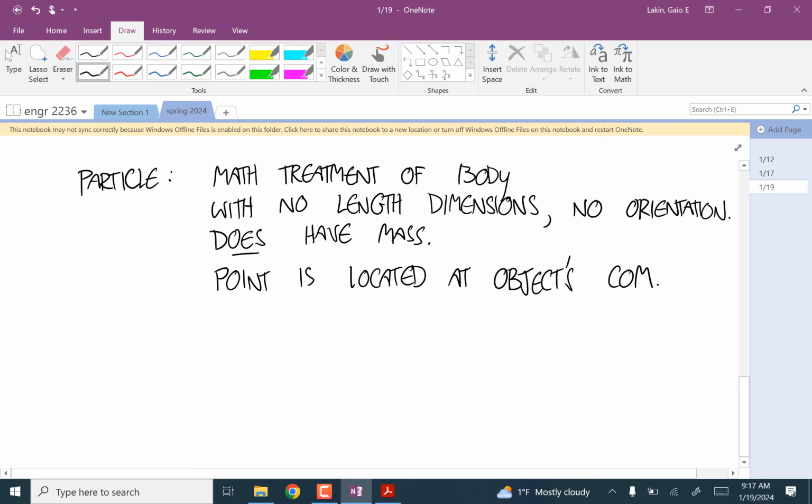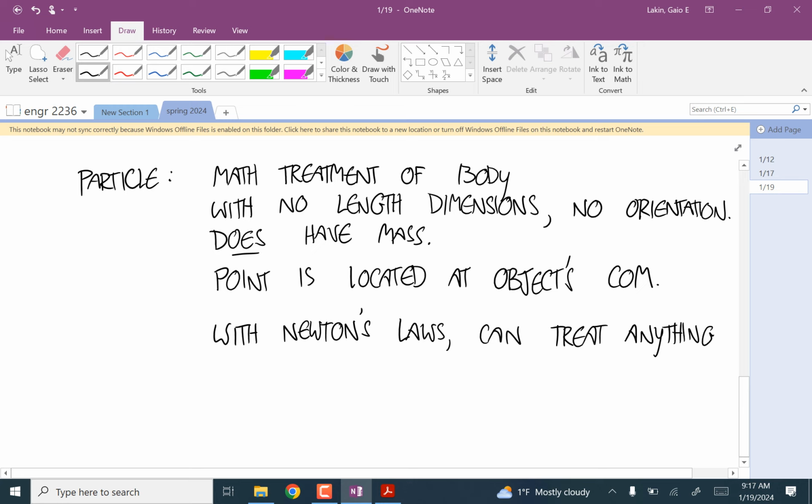This is something important that maybe you haven't thought about before. With Newton's laws, you can treat anything as a particle. So, in other words, it doesn't have to be small or anything, if you don't care about its orientation.